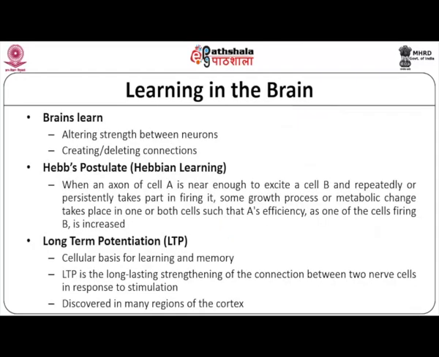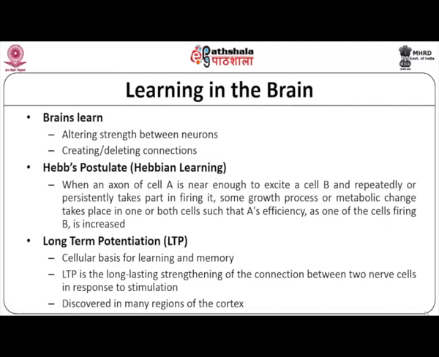Having understood what a neuron is, the fundamental unit, let us understand how learning happens in the brain. The brain learns by means of the strengths between neurons. I told you in the previous slide that one layer of neurons gets connected to another layer by means of a synaptic link, and learning is based on the weight associated with this link.